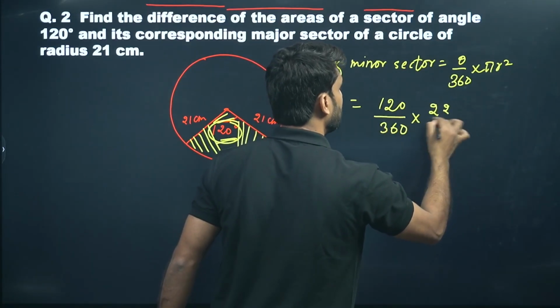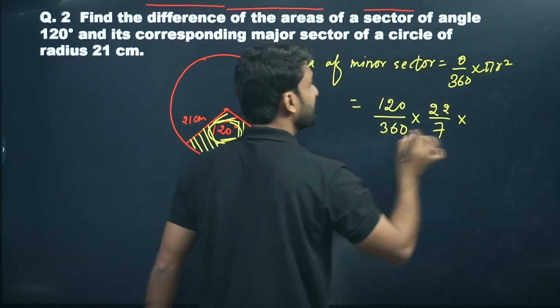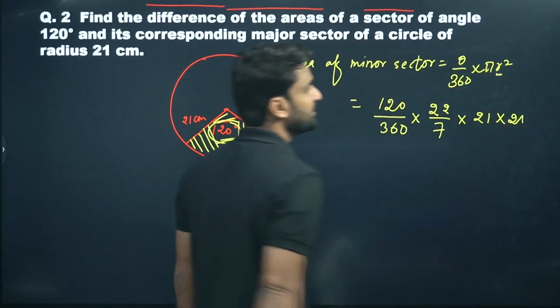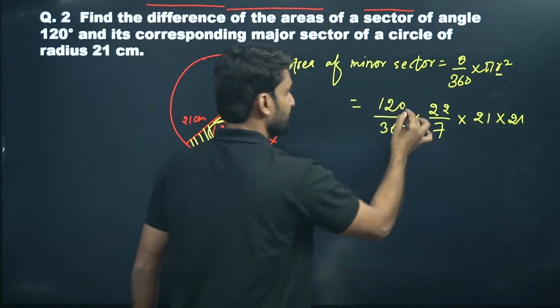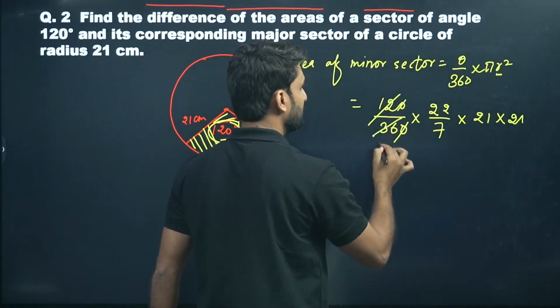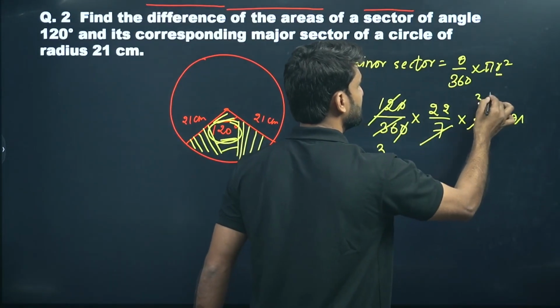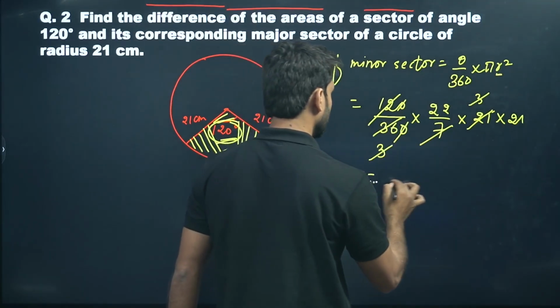We know the value of pi is 22 by 7 and the radius given is 21, but here it is squared, so I am writing 21 twice, 21. Solve it. 0 to 0 cancel, 12, 3 cancel, 7, 3 cancel, 3 to 3 cancel. What are we getting here?